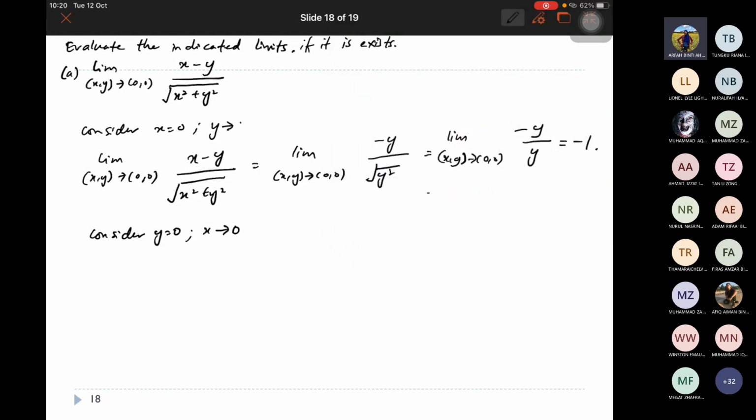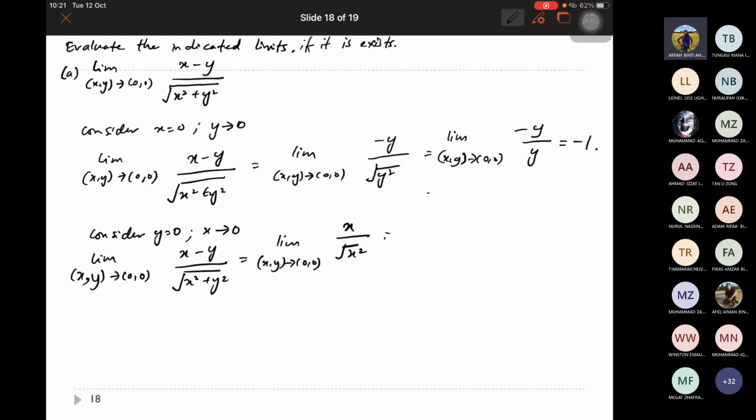So, the limit of X, Y approaches 0, X minus Y over square root of X squared plus Y squared akan sama dengan limit of X, Y approach kosong, X over square root of X squared. That means X over X. So akan dapat sama dengan 1.